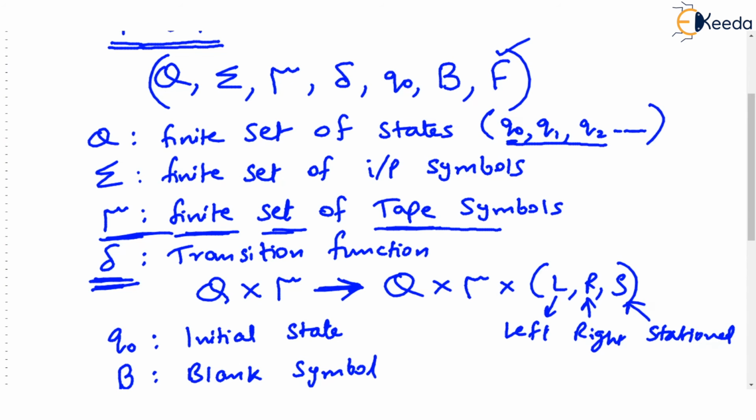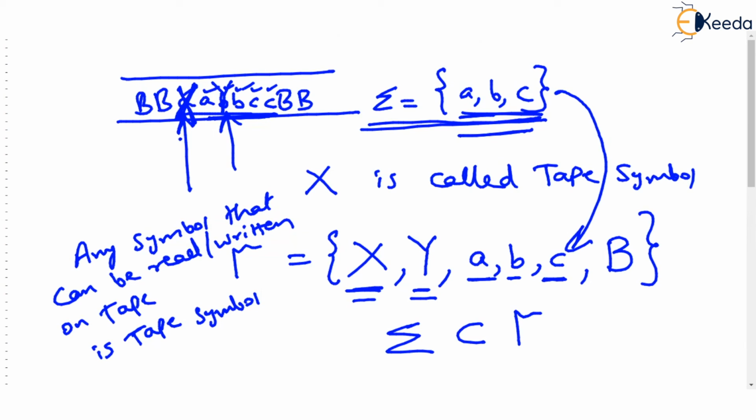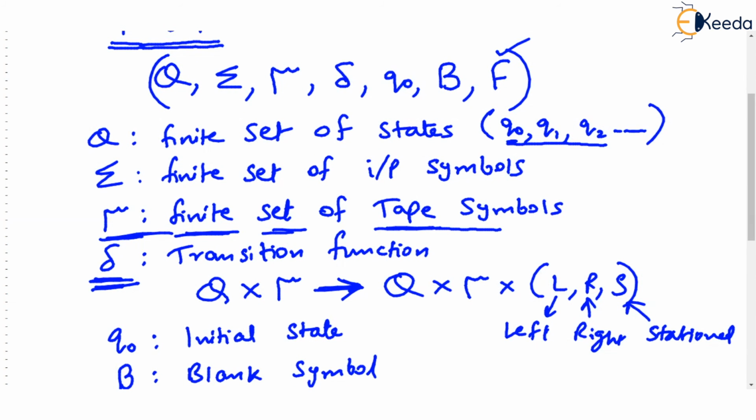You recall I said in the previous video that this head can be moved either to left or to right, that is L or R, or you can decide that the tape should not move, it should remain stationary. So these are the three options. Now this looks quite complicated: Q cross tape symbol maps to Q cross tape symbol cross either left or right or stationary. But trust me, once we see very simple examples, you will never forget this. And rather you should not forget the transition function, because the entire working is hidden in the transition function.